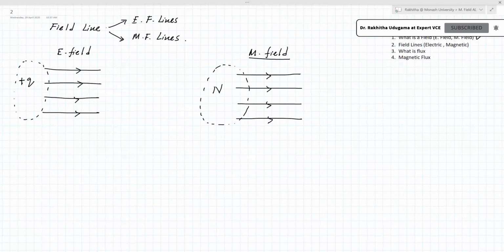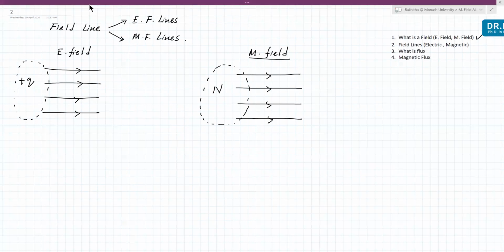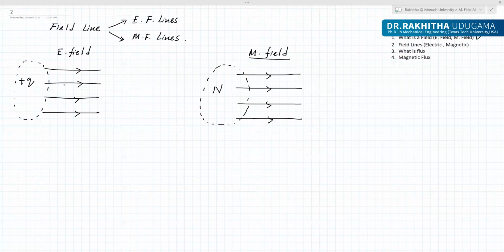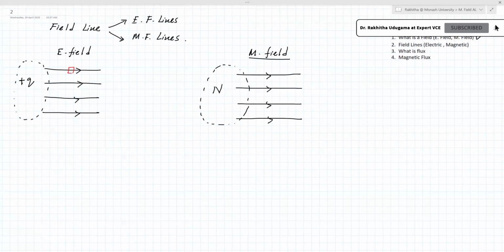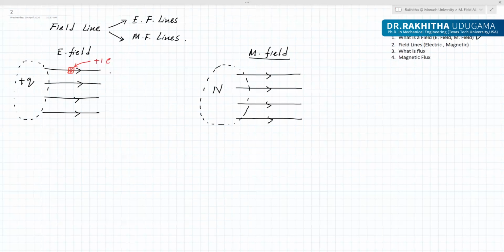Now we will go deep and understand what is a field line essentially. When it comes to electric field, suppose you are going to put a positive unit charge. That would be positive 1 coulomb.